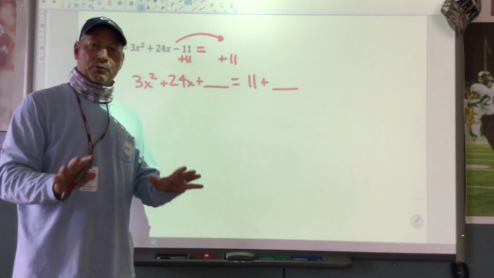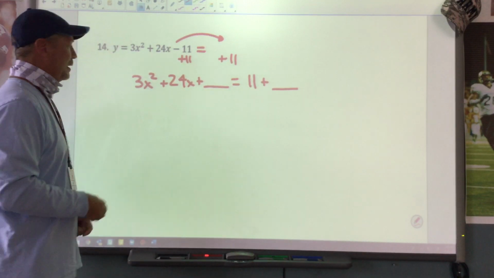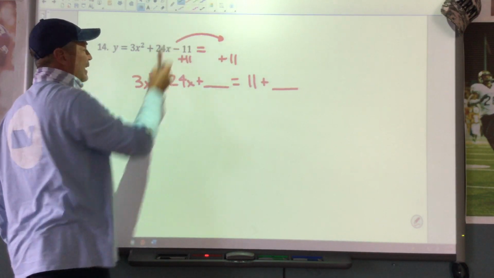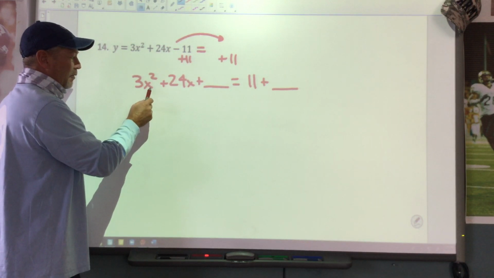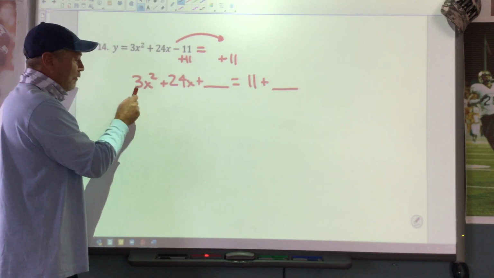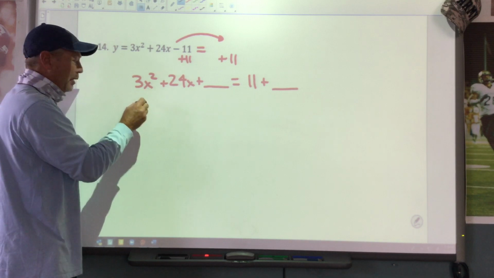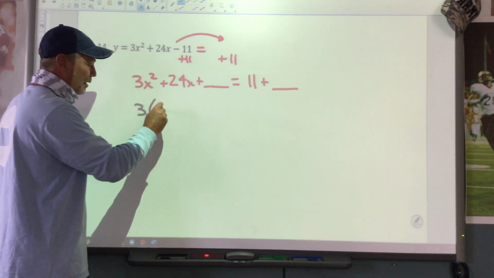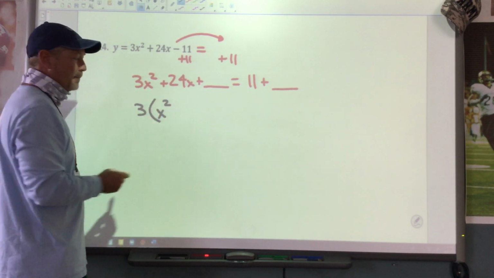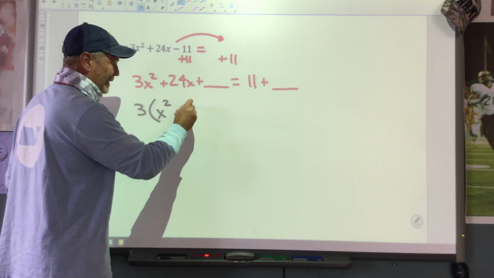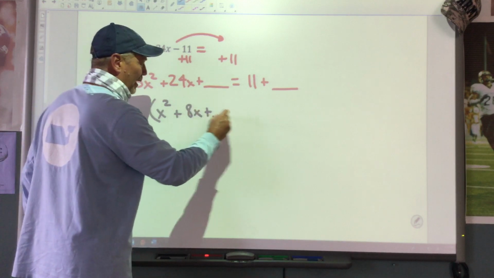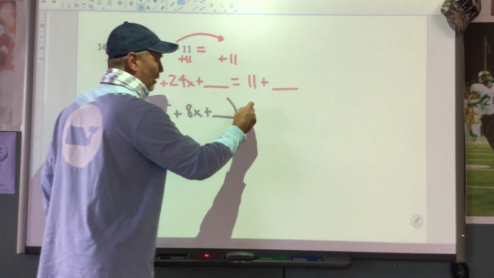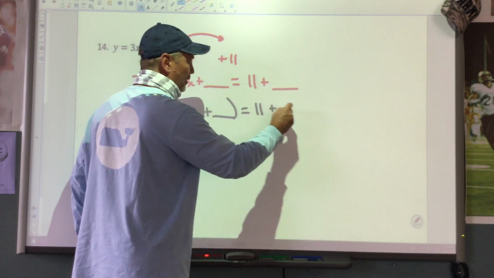So far, same old, okay? Now, I want to get the x squared by itself, so I factor out the 3. That leaves me with x squared plus 8x plus blank equals 11 plus blank.